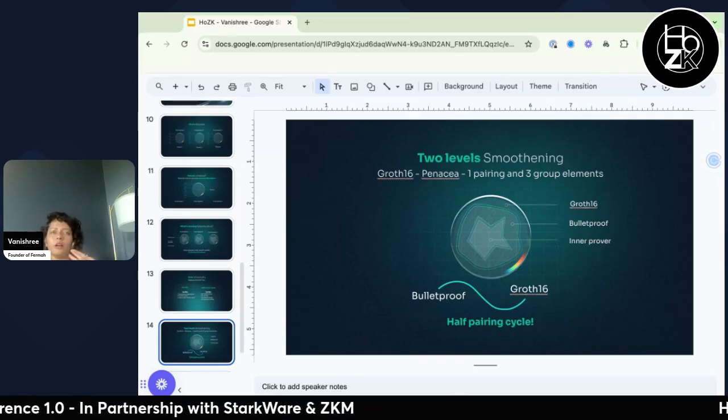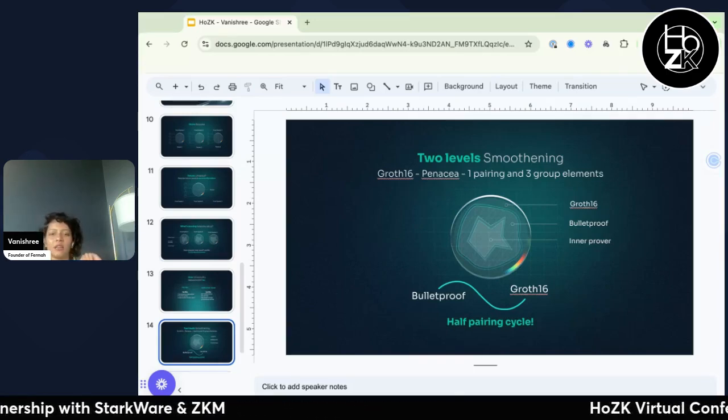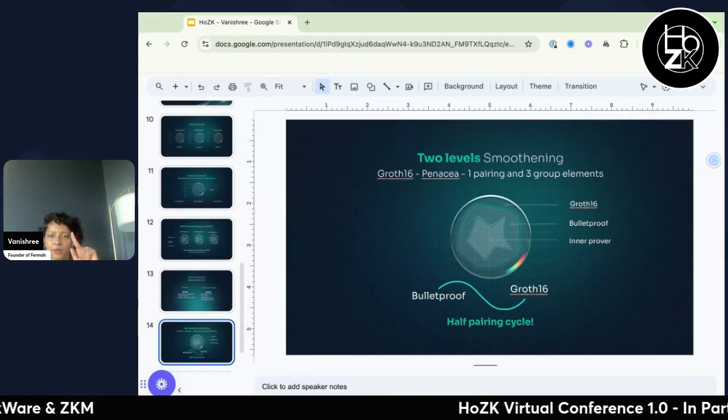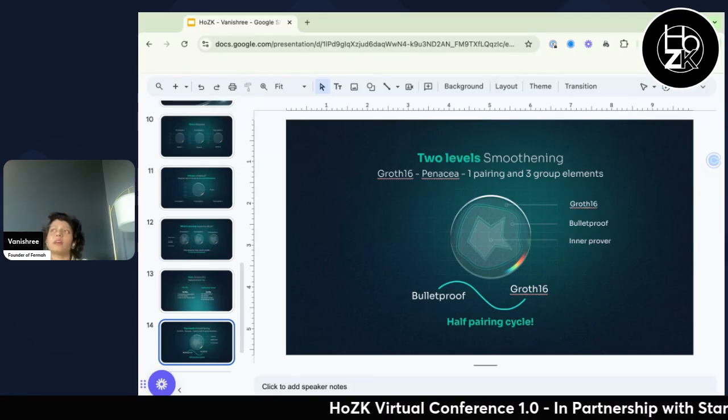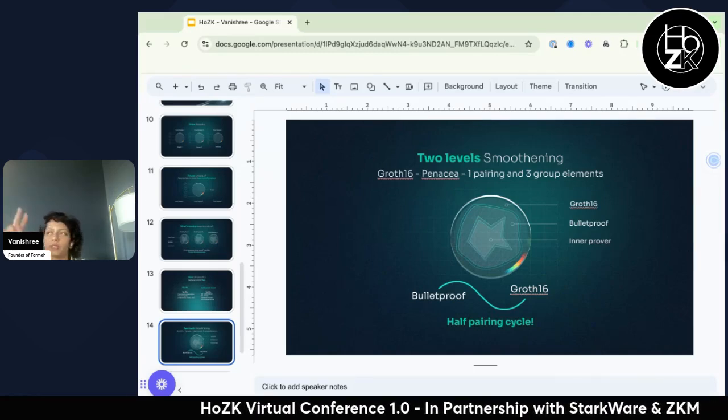So universal trusted setup, which is great. And this is one point I wanted to say. The other point, actually 2 points. I already said 2 points.